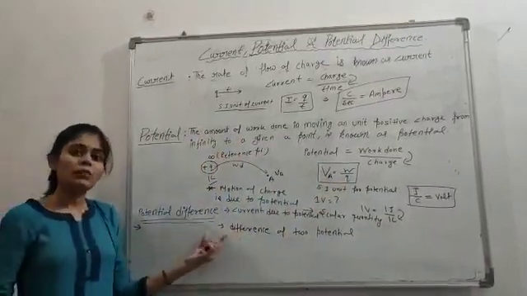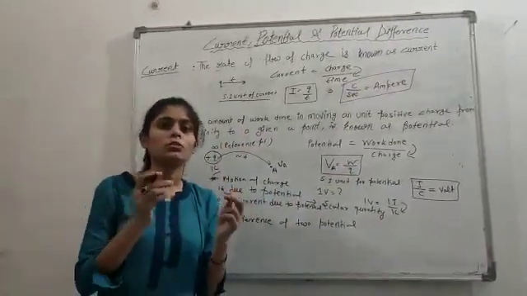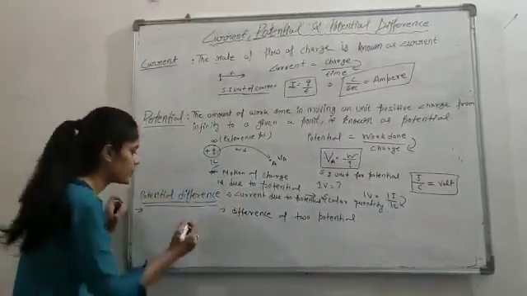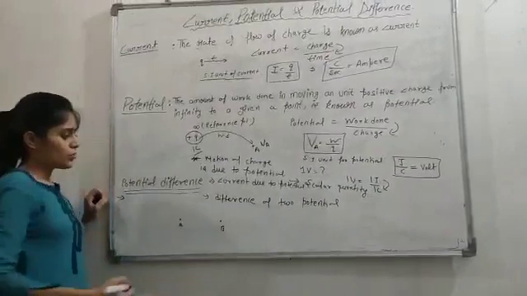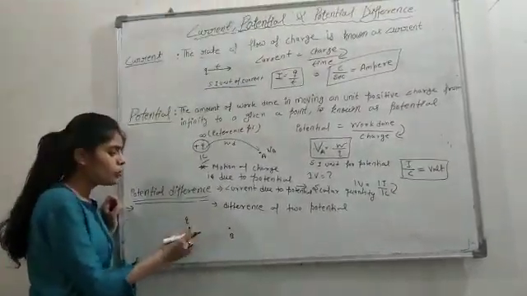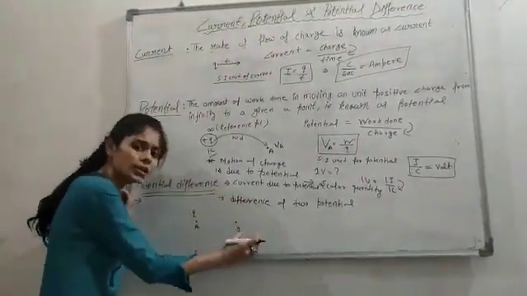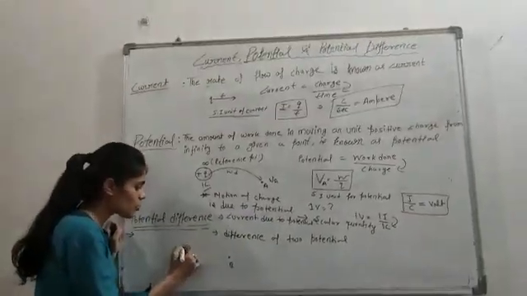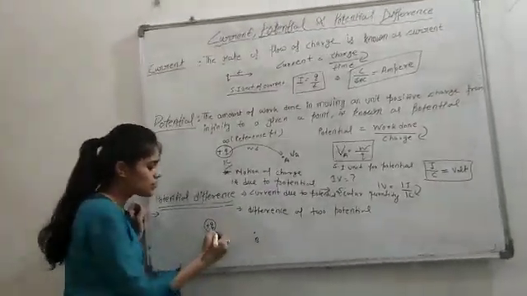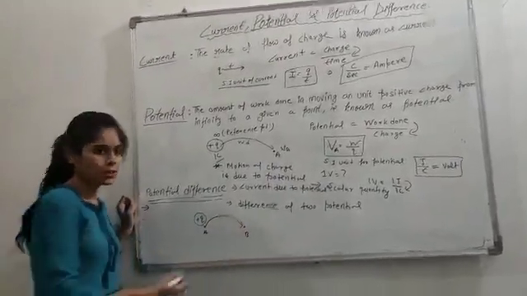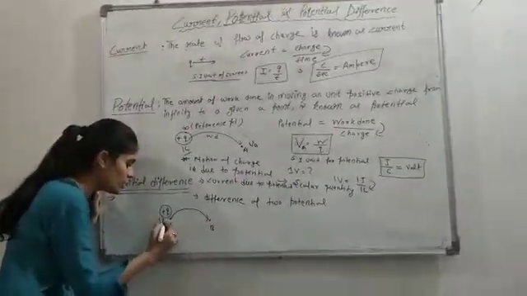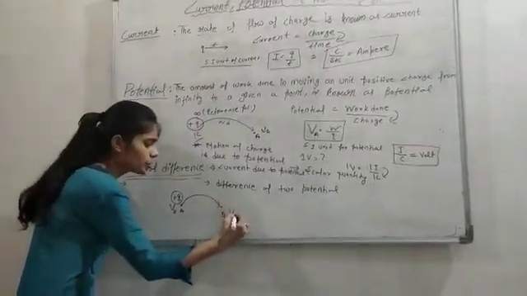But in this case, we will have 2 points. So 2 points means two potentials, like point A and point B. So charge is moving from one given point to another given point. That means this positive unit charge is moving from one given point to another given point. So this point has potential VA, this point has potential VB.